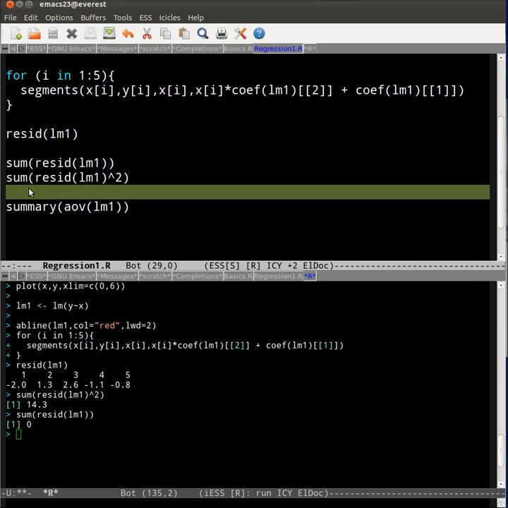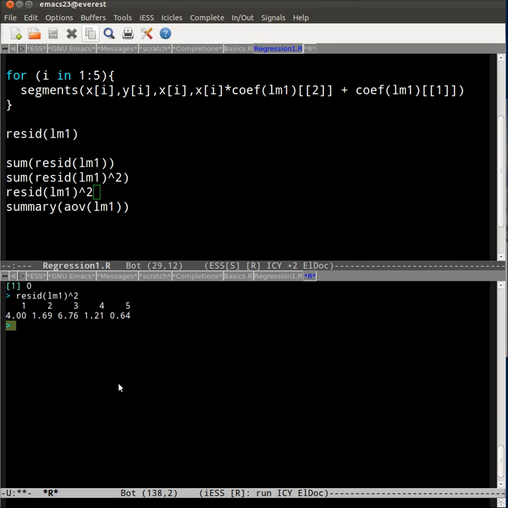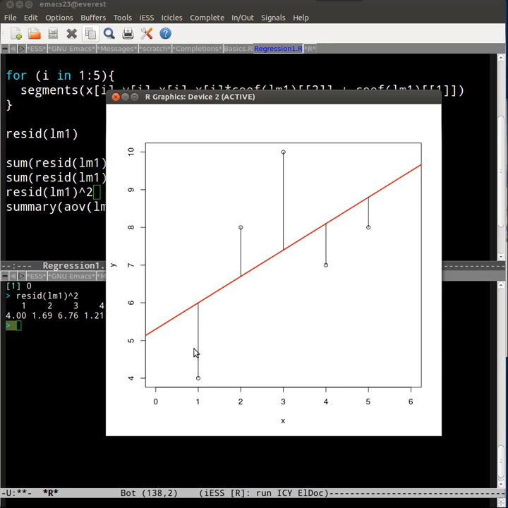If you take the residuals of LM1 and square them, look at what happens. You have 4, 1.69, 6.76, 1.21, and 0.64. So by squaring them, you make a big difference when these residuals get larger. As soon as they get larger than 1, they start adding up, and those errors in your estimation and your prediction start adding up to large values.